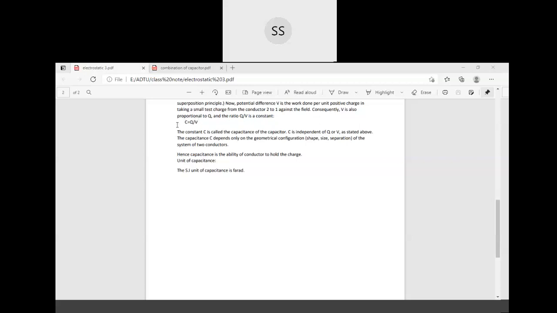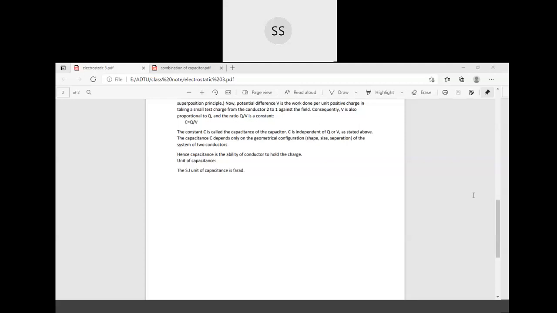So just put 1 farad in the place of C, in the place of Q put 1 coulomb, and in place of V just put 1 volt, and you got the definition, right?